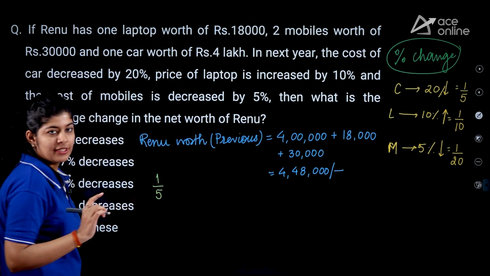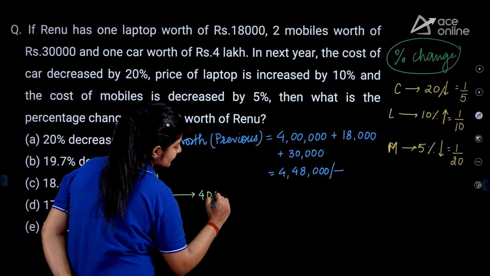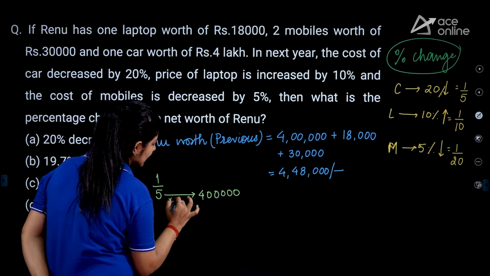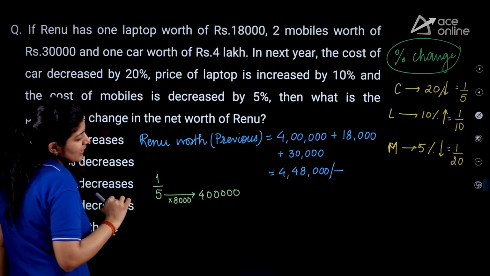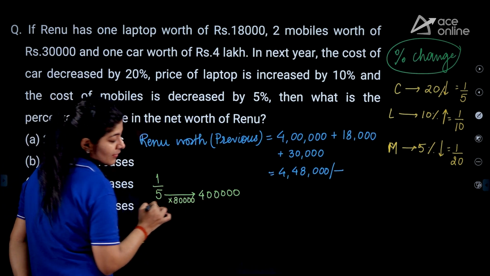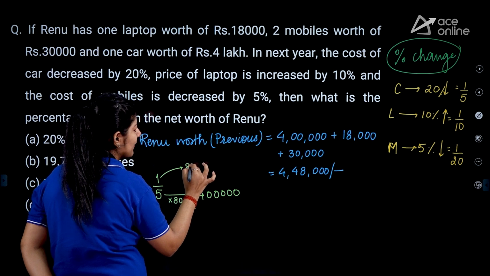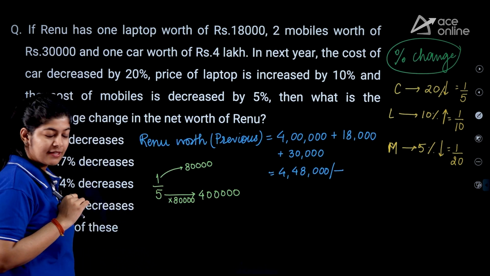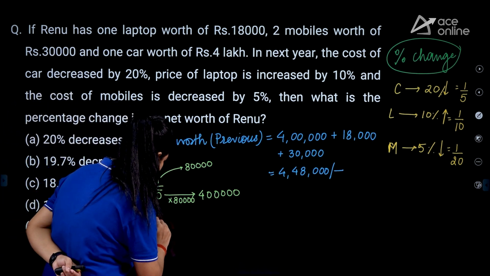So initially, if the car is worth 4 lakhs, that means it is present on the multiple of 80,000, so we can say that the 80,000 amount is decreased.